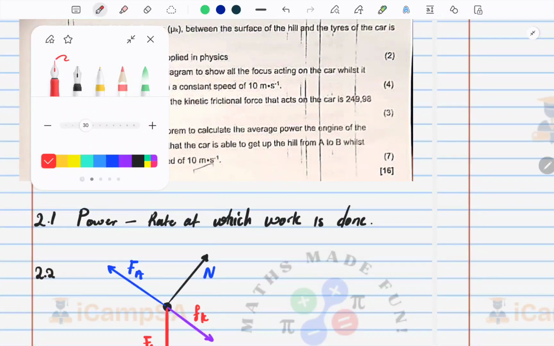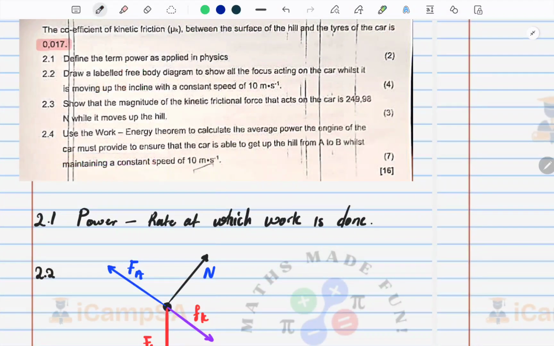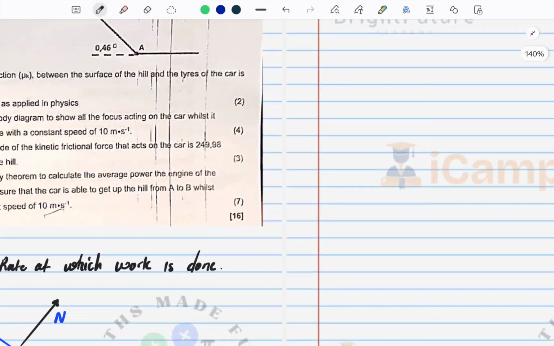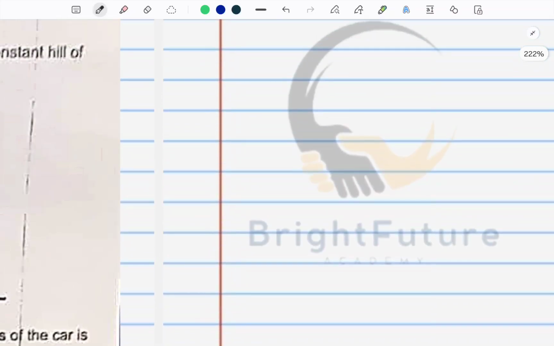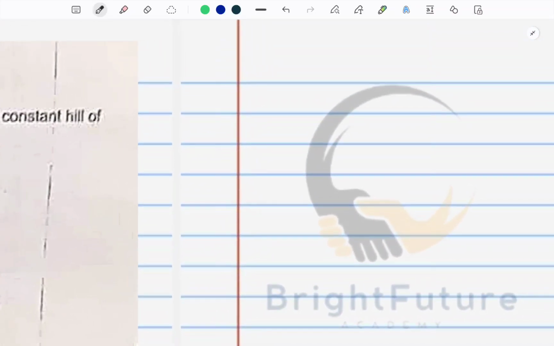Now let's see what the other question is asking from us. They're saying show that the magnitude of the kinetic frictional force that acts on the car is 249.98 newtons while it moves up the hill. Here they've already given us the coefficient of friction.